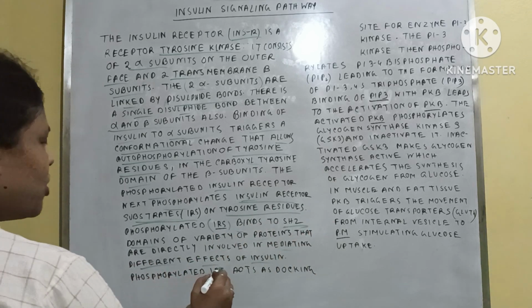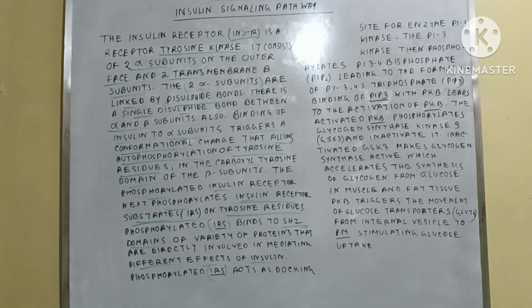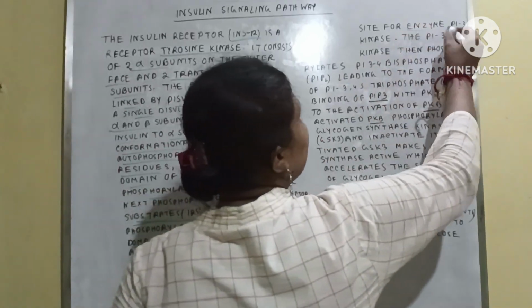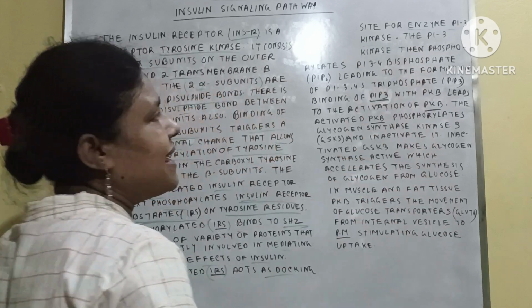And this phosphorylated IRS acts as a docking site for the enzyme PI3 kinase.